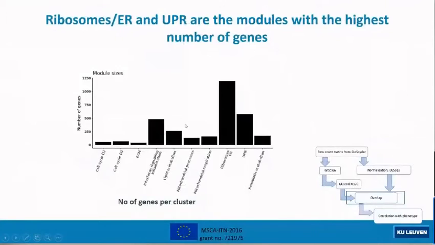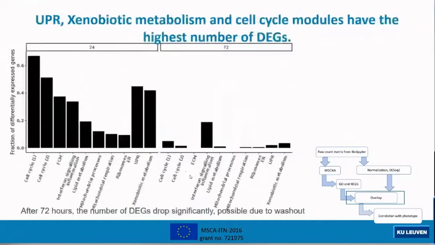So these were, after the WGCNA analysis, the sizes of each module. And in each of these modules, this is the relative size in terms of the number of differentially expressed genes. So cell cycle 1 and 2 and UPR and xenobiotic metabolism happen to have the most differentially expressed genes.